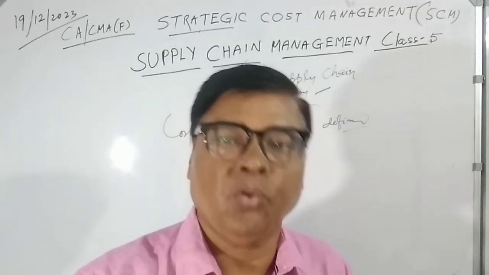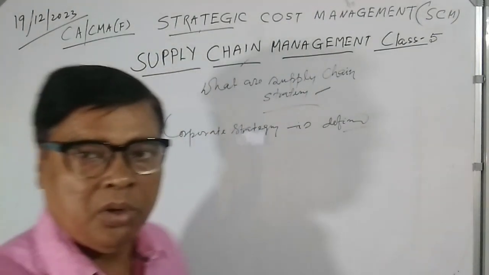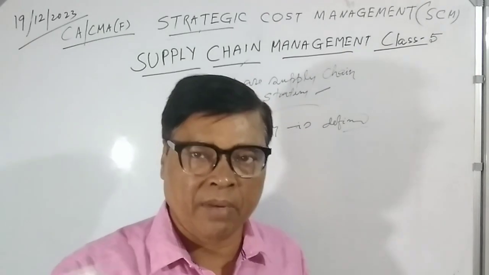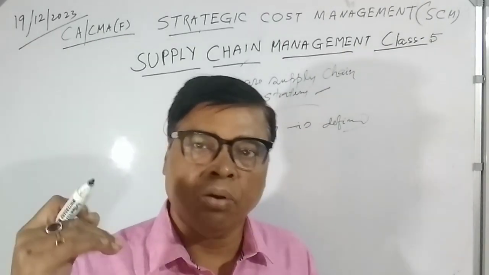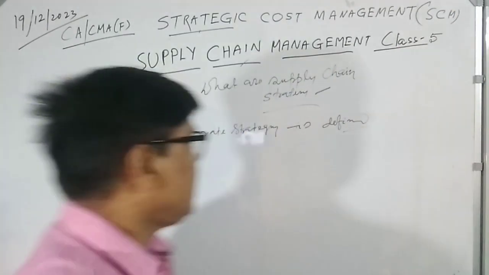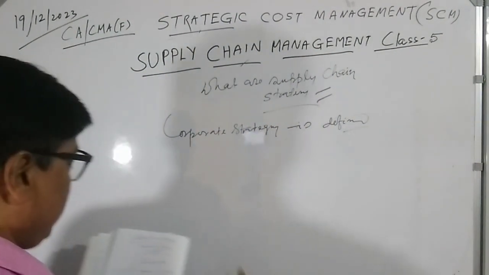Then only it will work. So this is very important, because it is not that you do something and tomorrow onwards everything will be streamlined in your organization. You have to work and plan for that. Strategy is nothing but one part of the plan also. So what is that thing?